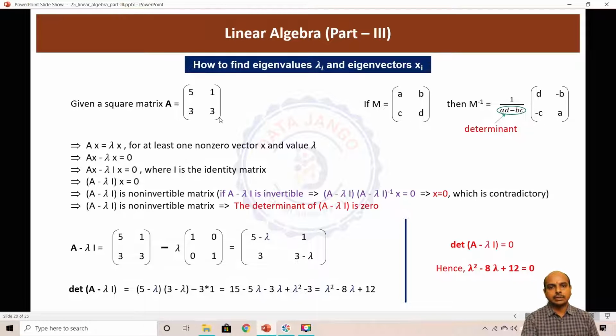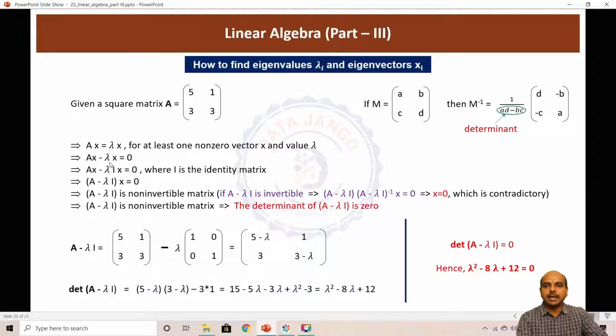For this 2 by 2 matrix, there can be a maximum of 2 eigenvalues. So we need to find, if they exist, 2 eigenvalues. Once we have those, we can find the eigenvectors also. So here I've taken the equation Ax is equal to lambda x. If I take this lambda x onto the left side, it becomes equal to 0.